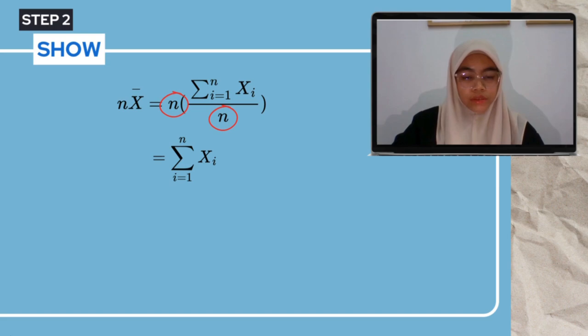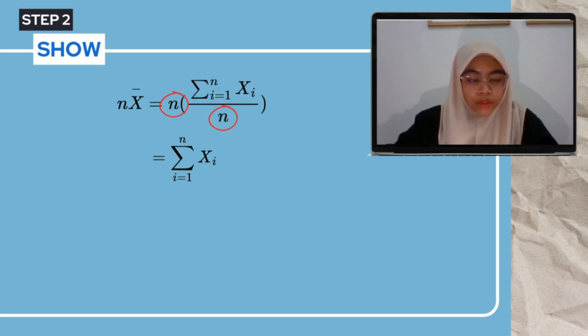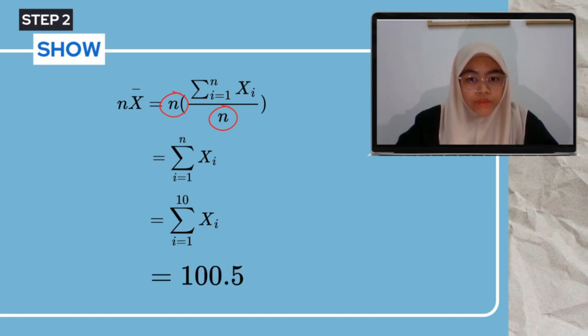From the question, we know that the summation of xi, starting with i equals 1 to n equals 10, is equal to 100.5.